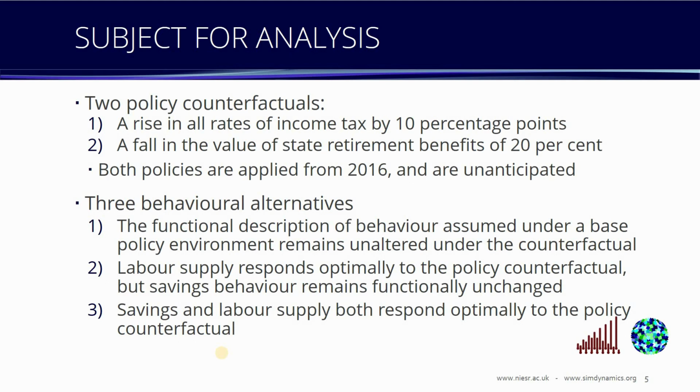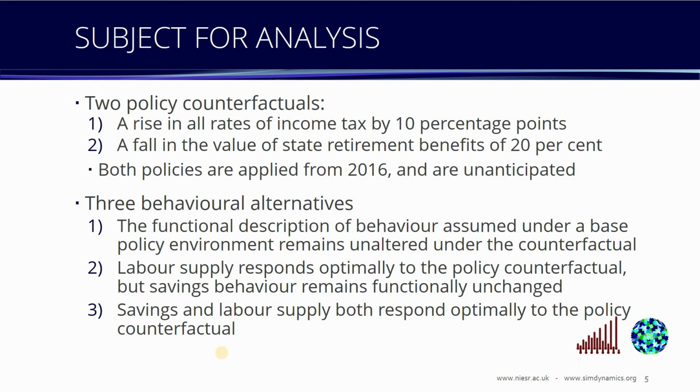So these questions are answered with reference to 2 policy counterfactuals and the sensitivity of the effects of those counterfactuals with respect to 3 alternative behavioral assumptions. The 2 policy counterfactuals are a rise in all rates of income tax by 10 percentage points and a fall of the value of the state retirement benefits by 20%. Both policies are applied from 2016 and are assumed to be unanticipated prior to that year.